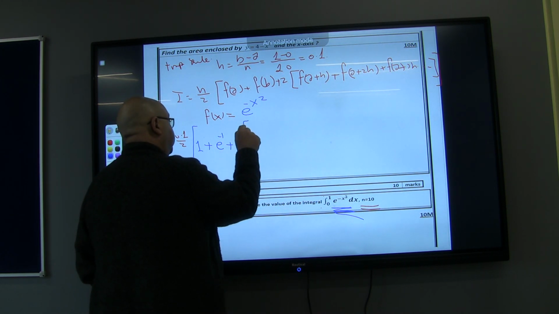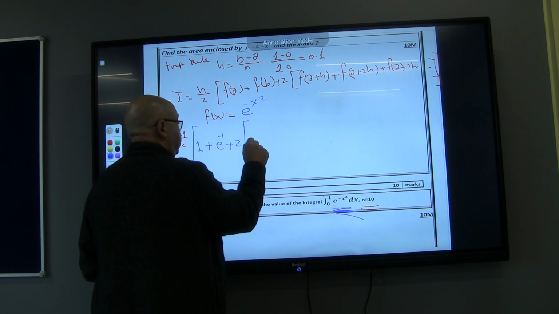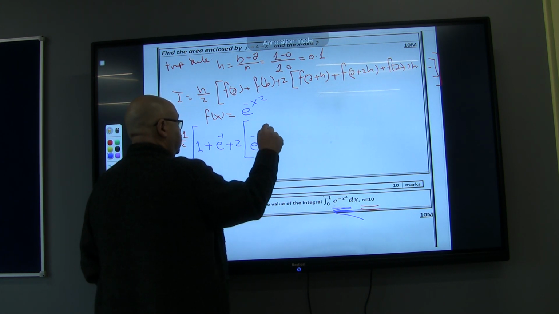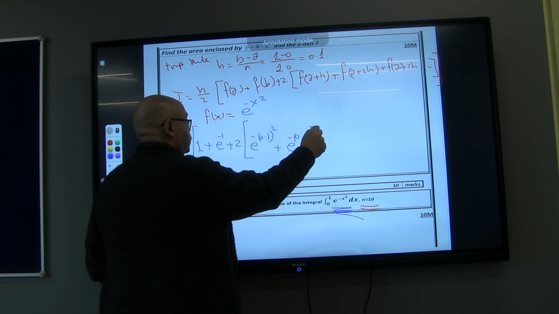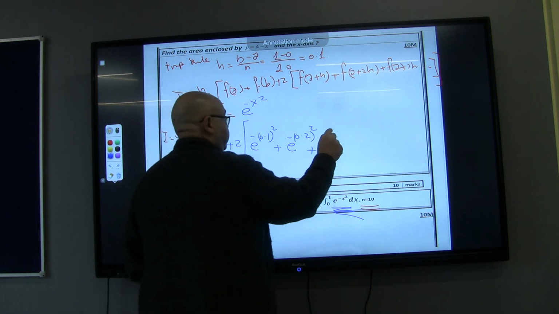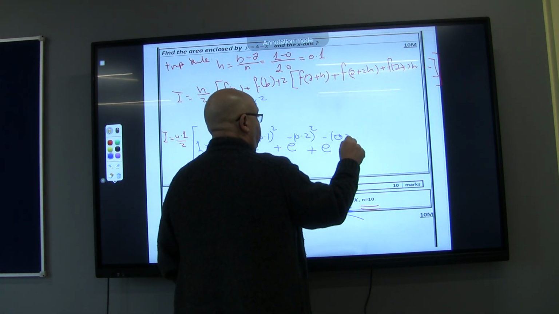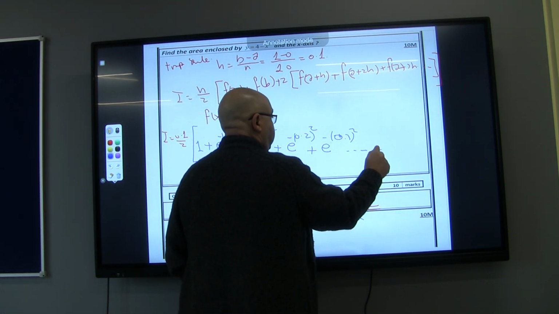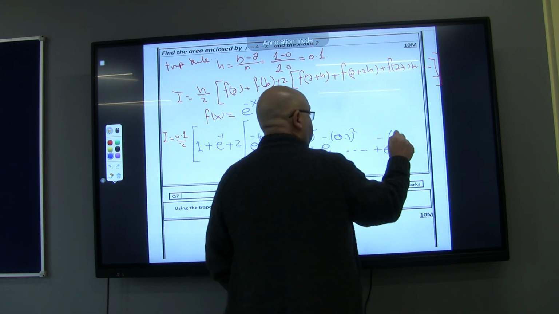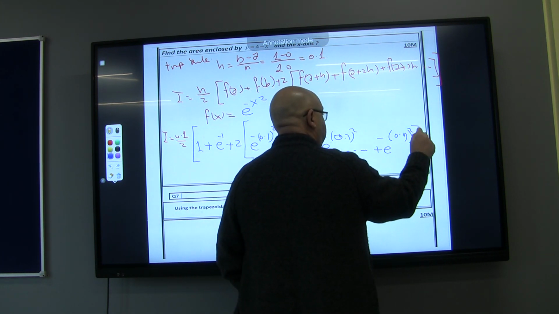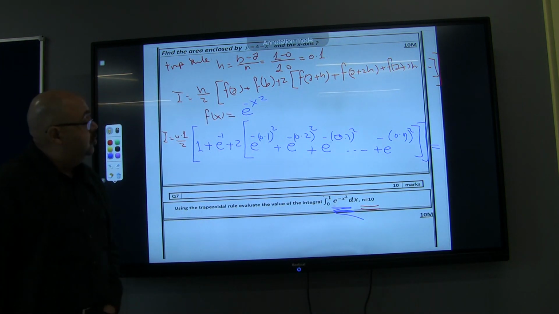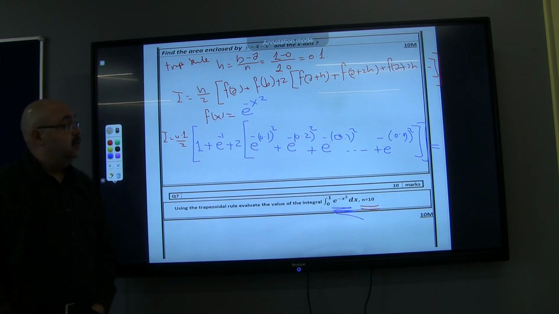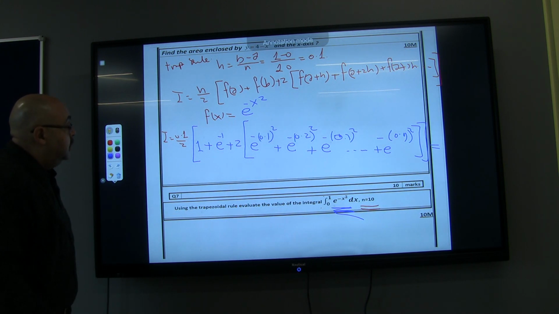Then plus 2, open your bracket, e to the power of negative 0.1 squared, plus e to the power of negative 0.2 squared, plus e to the power of negative 0.3 squared, and so on, till you reach e to the power of negative 0.9 squared. Start closing and evaluating your integration, and you will have your right answer in the palm of your hands.